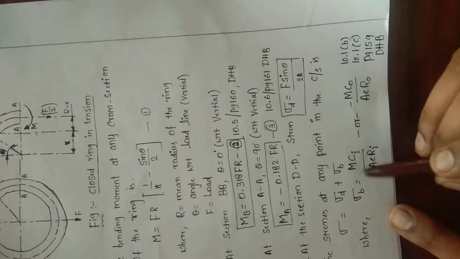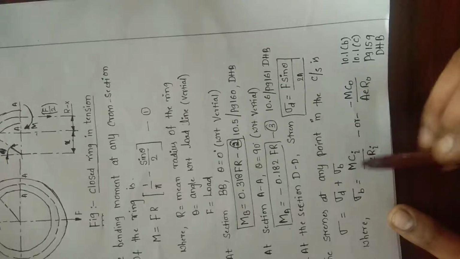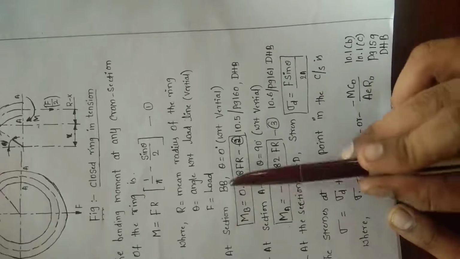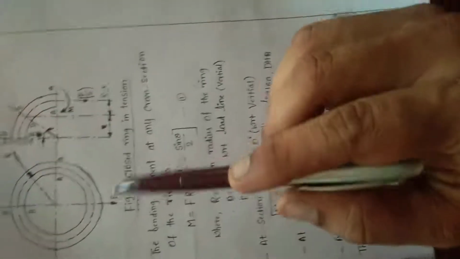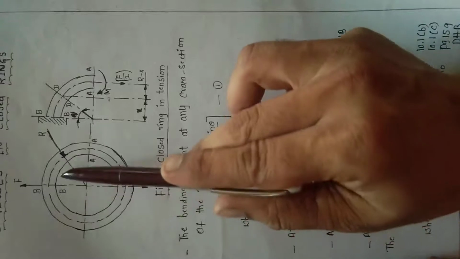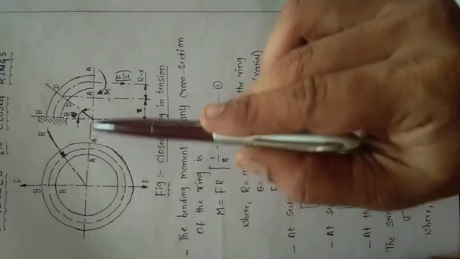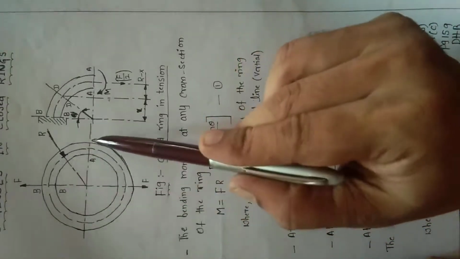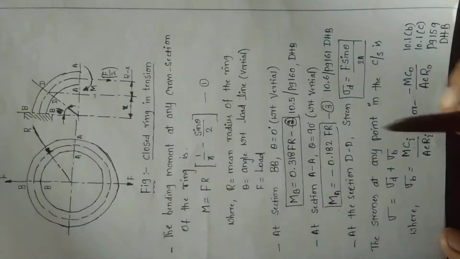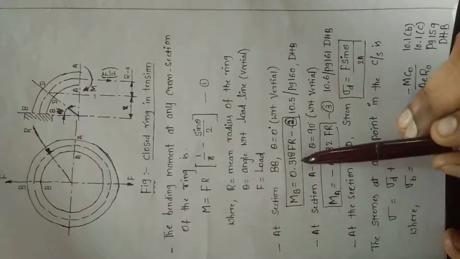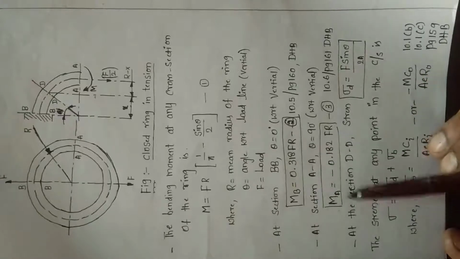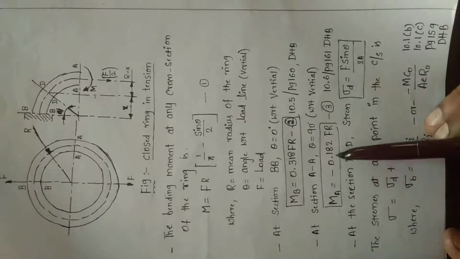But what will be the moment here? The moment will vary based on the angle orientation. For any symmetric thing we consider only the symmetric part. So we consider theta equal to 0 and theta equal to 90. These two things will be fixed. Fine. So when theta equal to 0, I have a moment 0.318 Fr, and the moment at theta equal to 90 is minus 0.182.